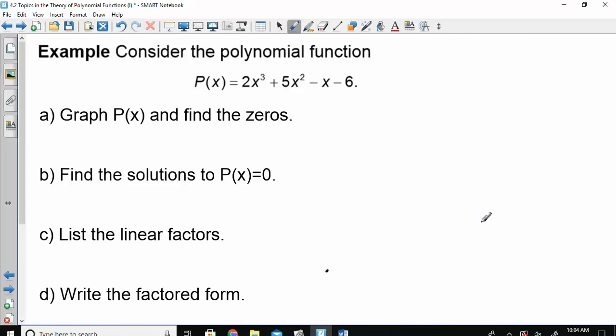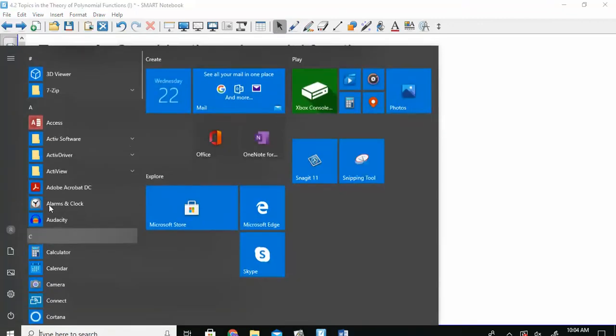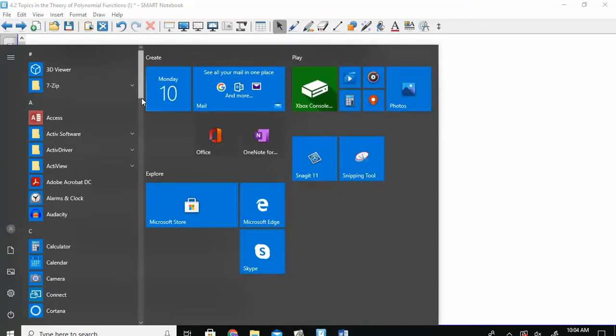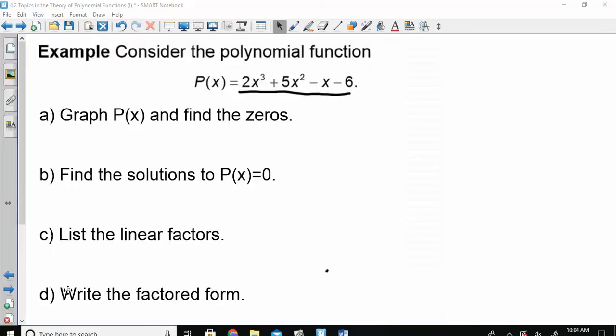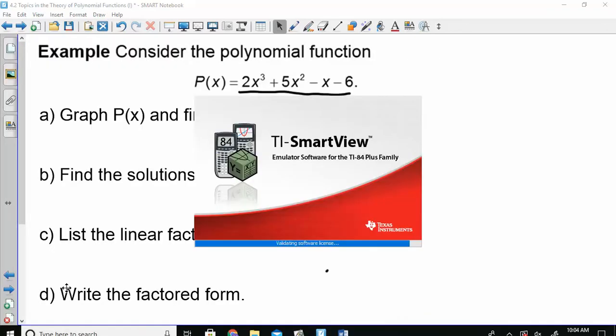Alright, so I want you to do a few things. We're going to try to connect some dots here. So I'm kind of trying to pull some stuff from the previous section with what we have right now and put it all together. So I want you to graph this and find the zeros. So grab your graphing calculator. We are going to plug that in. Sorry, I know I'm covering it up.